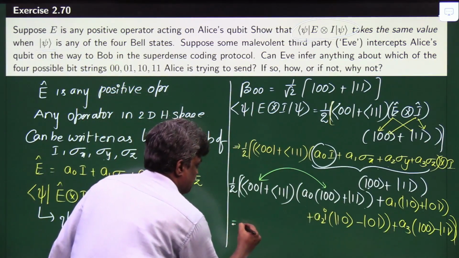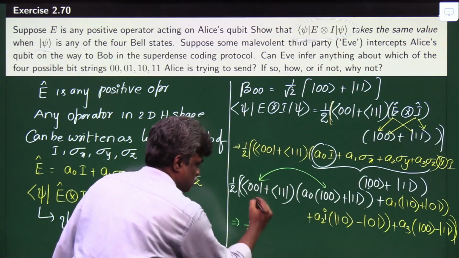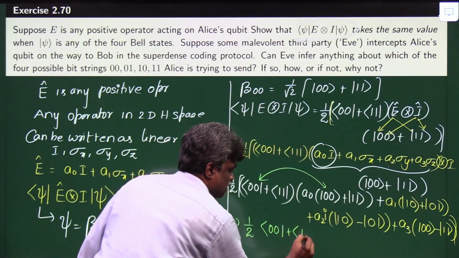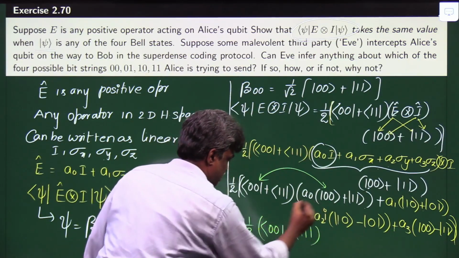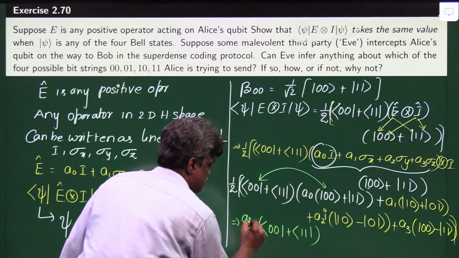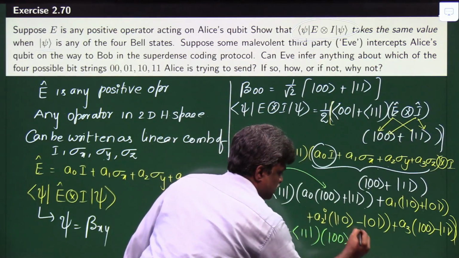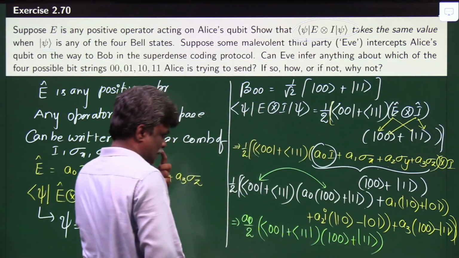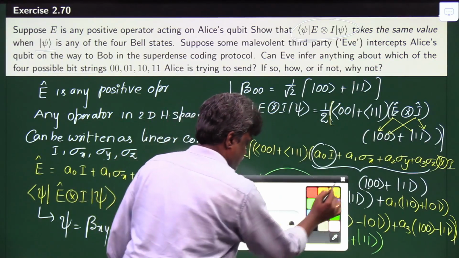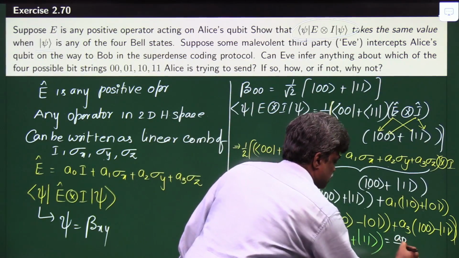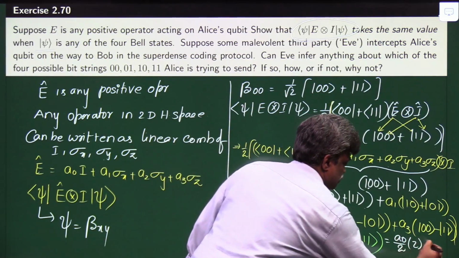So finally we got 1 by 2. Here it is ⟨00| plus ⟨11|, and A0 will be as it is outside, and this is |00⟩ plus |11⟩, which is nothing but A0 by 2 into 2, which is A0.